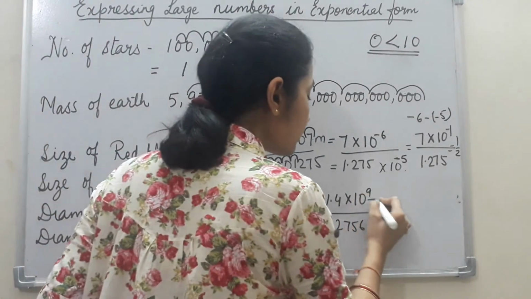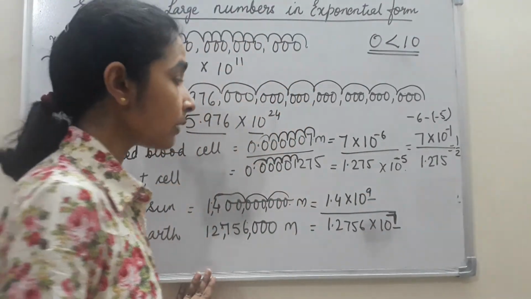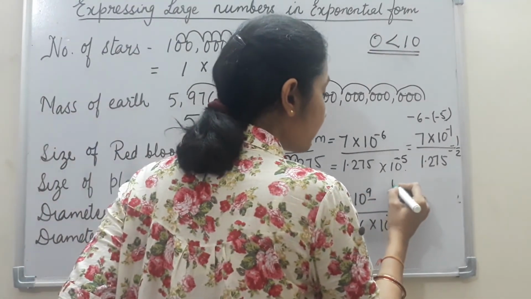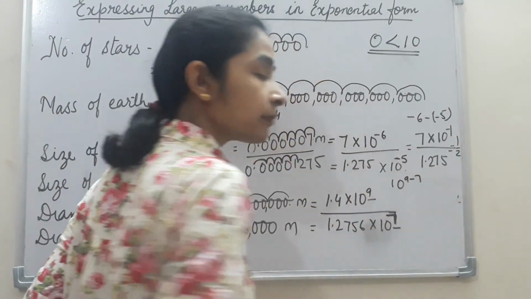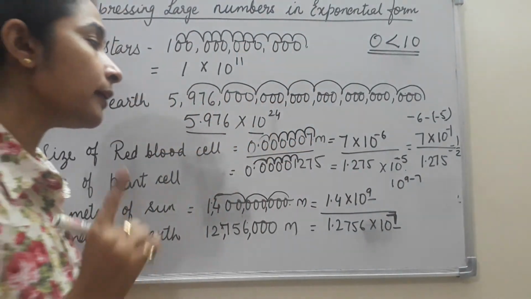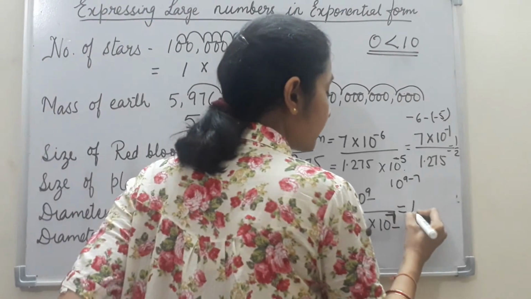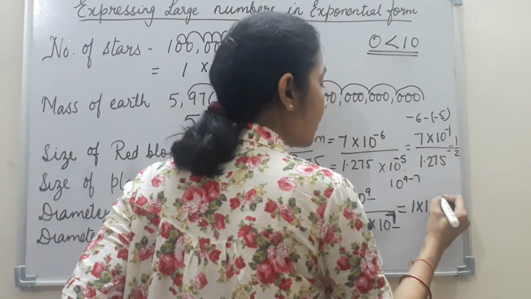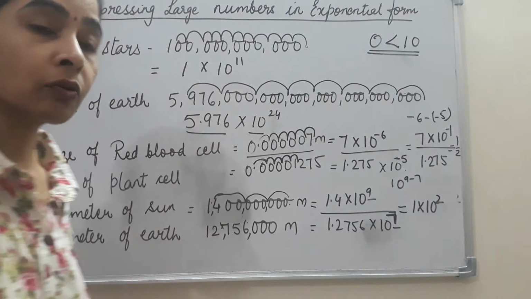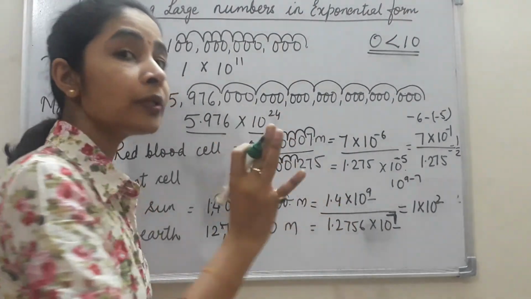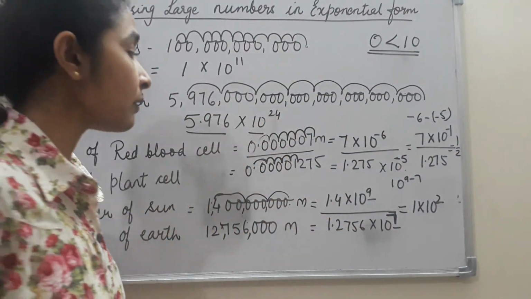The main thing is now we need to compare the powers of 10. So 10 raised to the power 9 minus 7. So what do we get here? 1 into 10 raised to the power 2. When we divide, we are supposed to do it approximately; the exact figure we need not find.